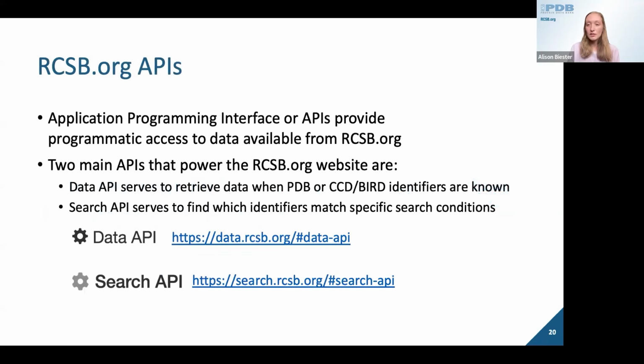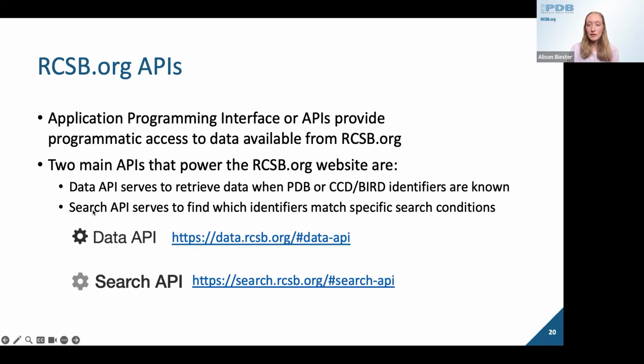Application Programming Interfaces, or APIs, provide programmatic access to data available from rcsb.org. There are 2 main APIs that power the rcsb.org website. In particular, the Data API, which serves to retrieve data when identifiers are known, and these can be PDB IDs or CCD or BIRD IDs.